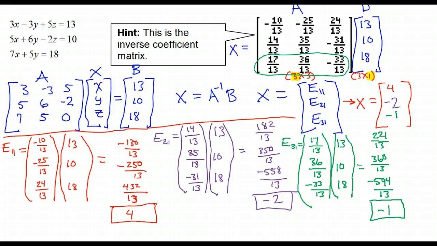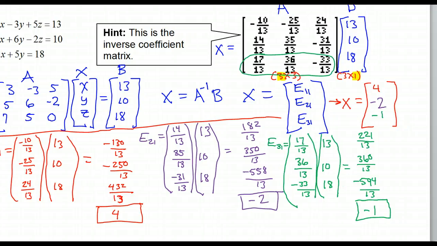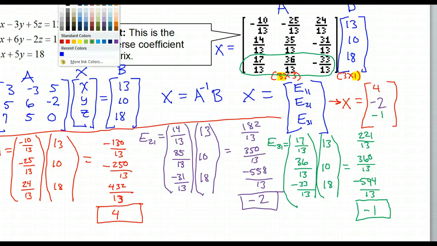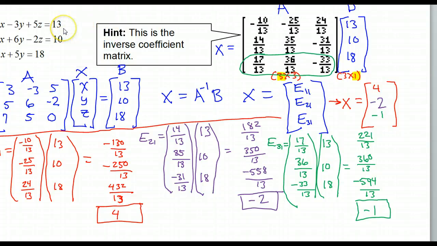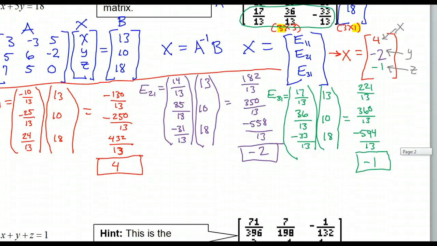Alright, so that gives us our third and final element. And that puts us in a position to know what the final answer is. Since our variable matrix, we just found matrix X, but matrix X was X, Y, and Z in that order. So that means, of course, that this is X, this is Y, and this is Z. So I'll just record that at the bottom of this problem.